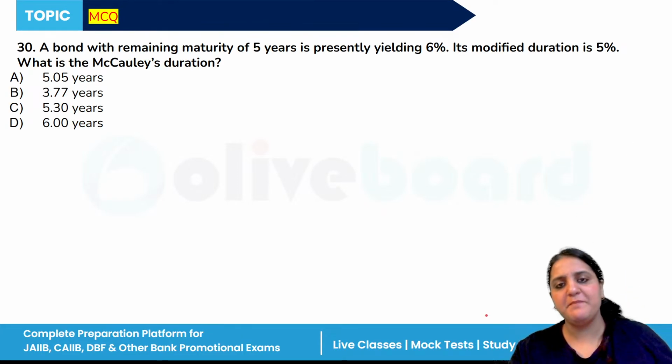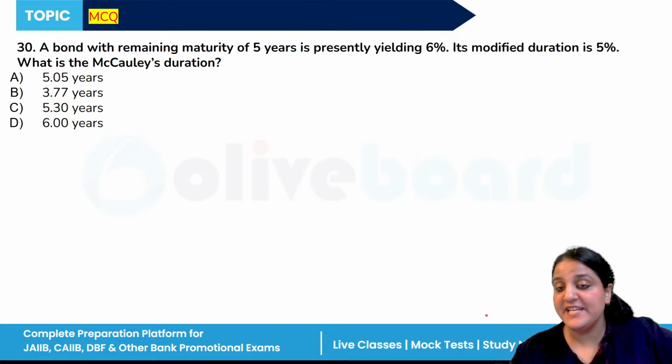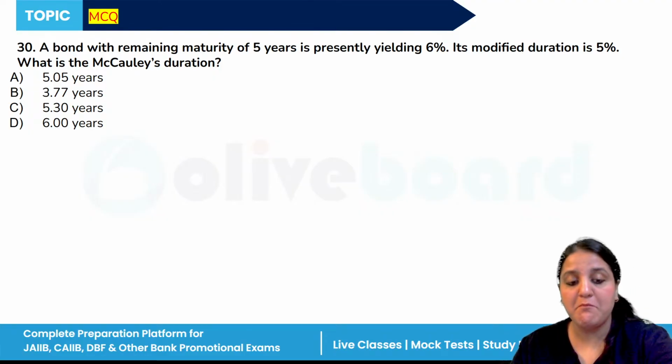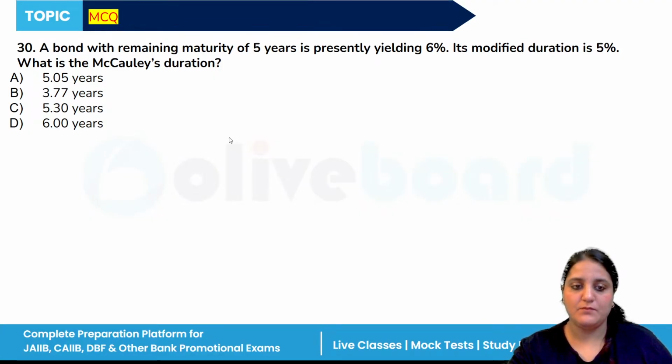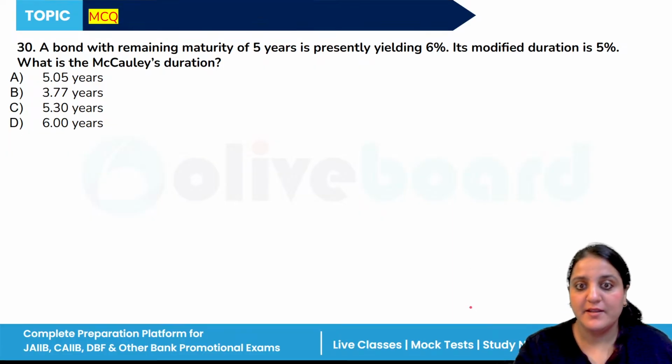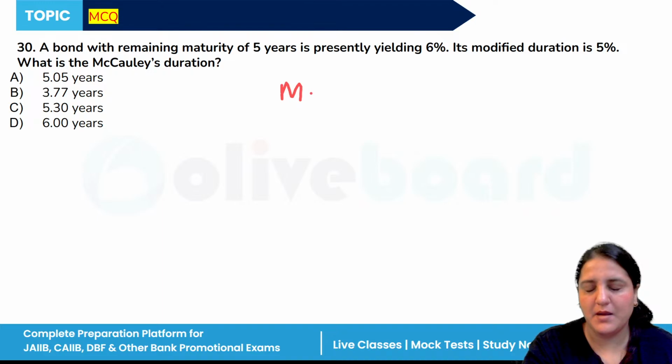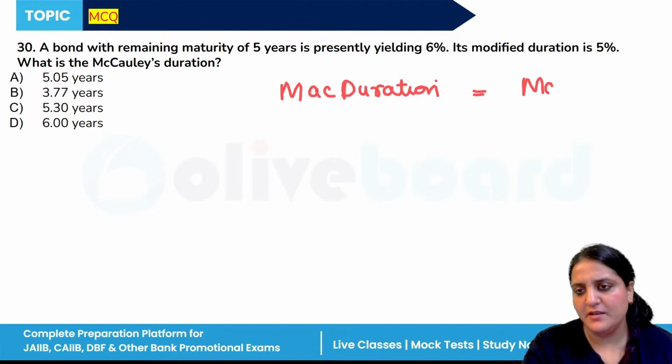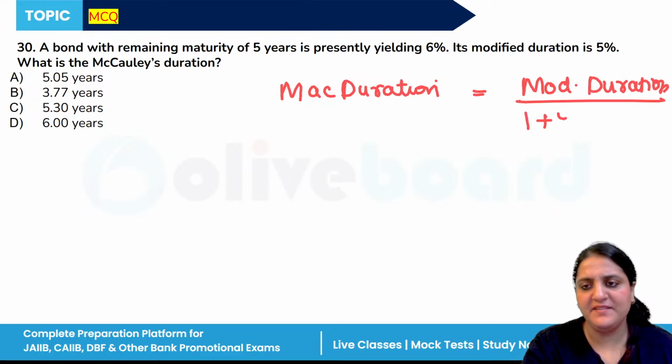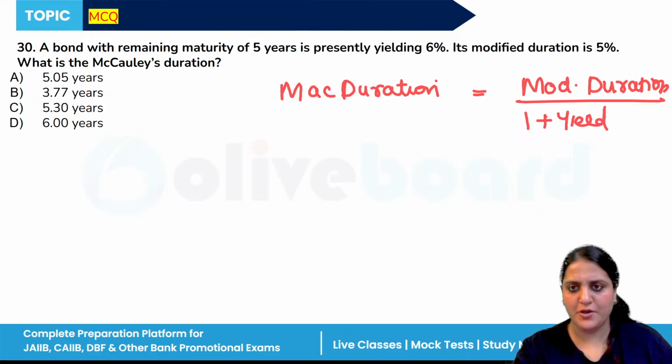If a bond with the remaining maturity of 5 years is presently yielding 6%, its modified duration is 5%. What is the Macaulay's duration? What is the formula of Macaulay duration? Macaulay's duration is equal to modified duration times 1 plus yield to maturity.